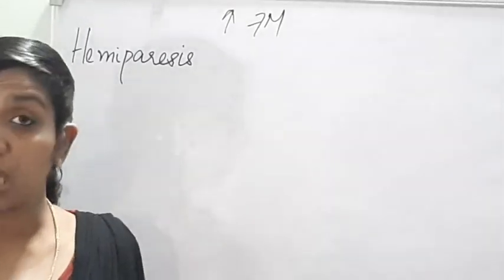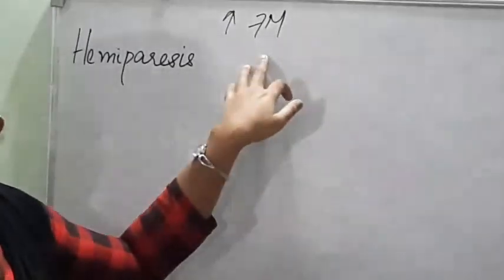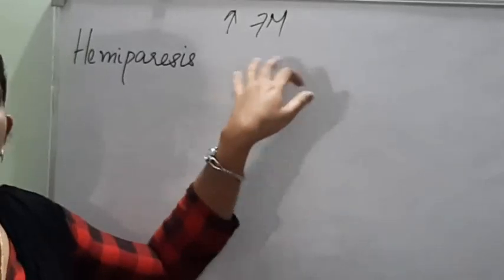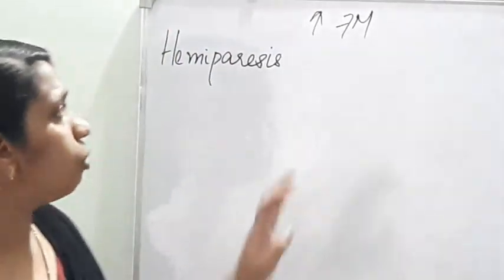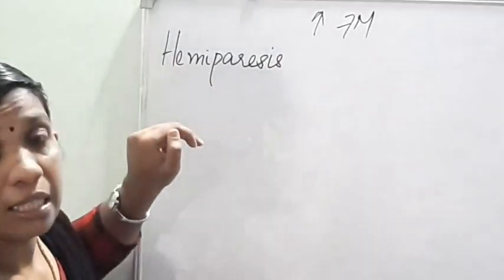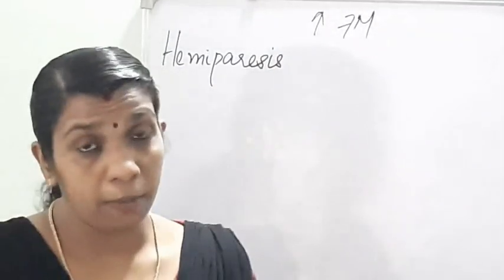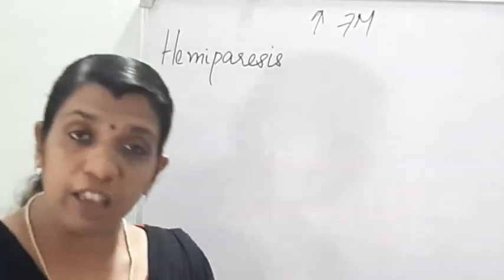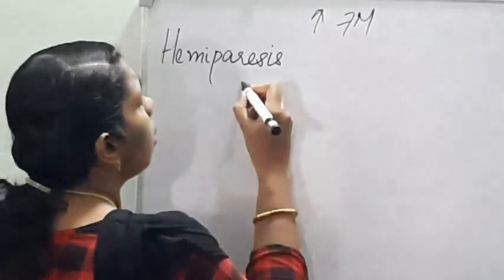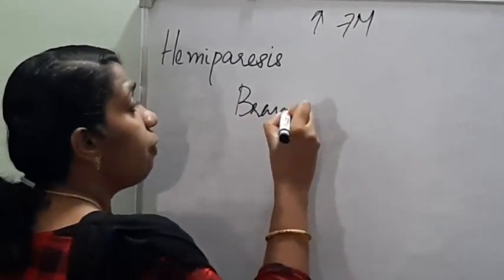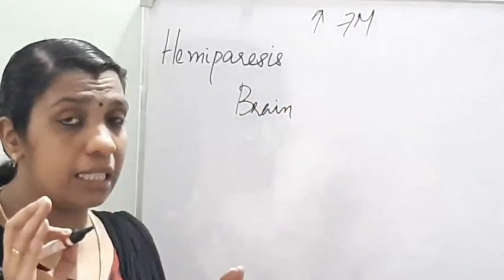What is foramen magnum? Foramen magnum is the largest opening in the skull, through which the spinal cord passes downwards. So in this hemiparesis, the lesion will be above the foramen magnum, that is above the upper cervical section of the spinal cord.